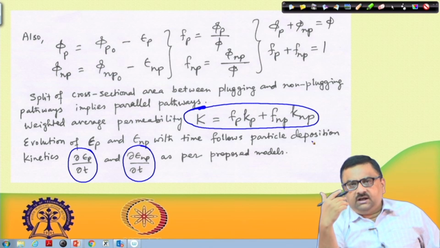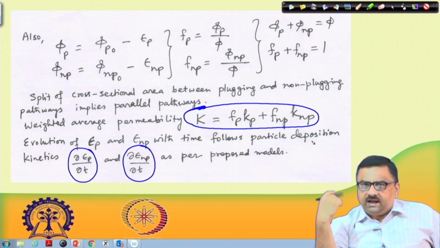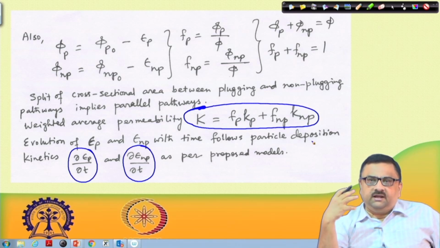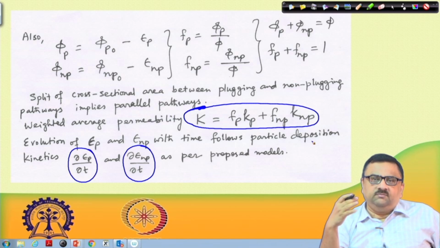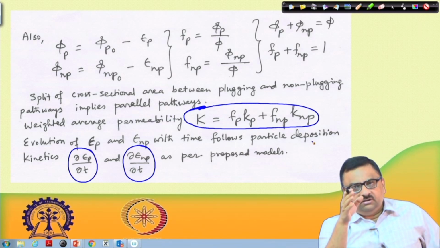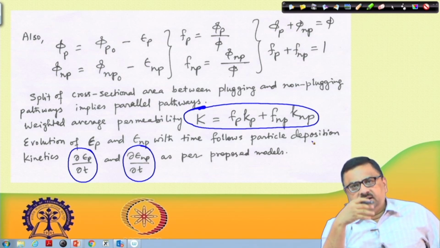But I must point out that there is another good amount of work which is done on treating this porous medium as uniform, not as plugging and non plugging, rather focusing on the continuity for a particle and fluid separately, and then just following the standard continuity equations.